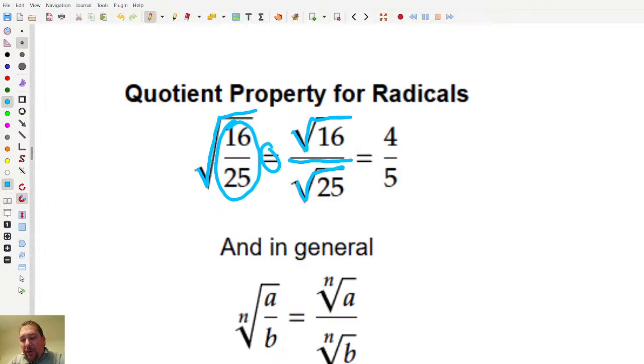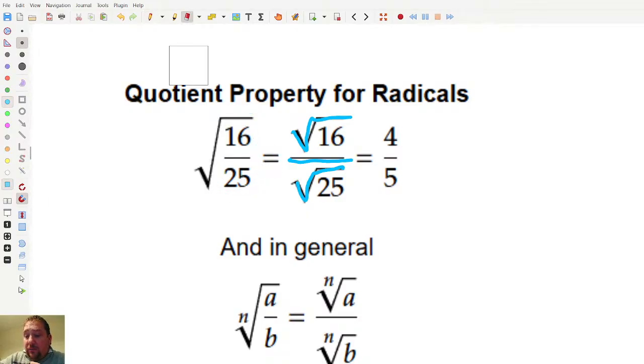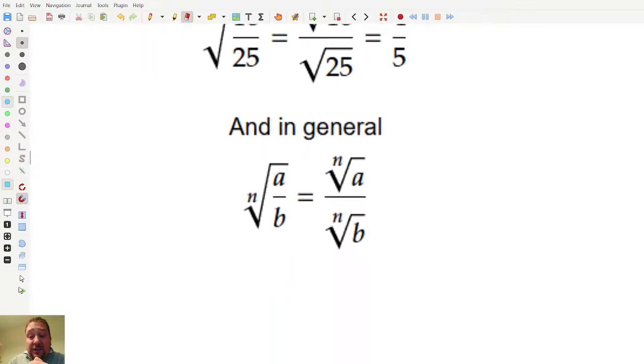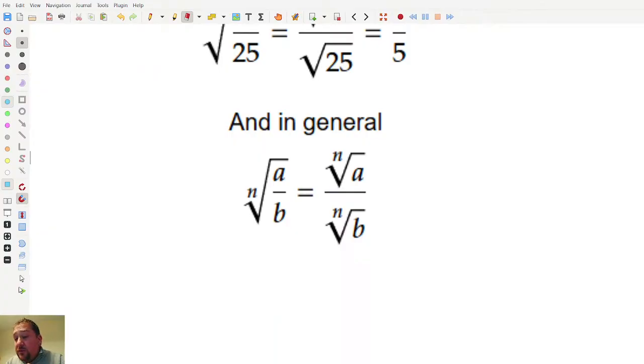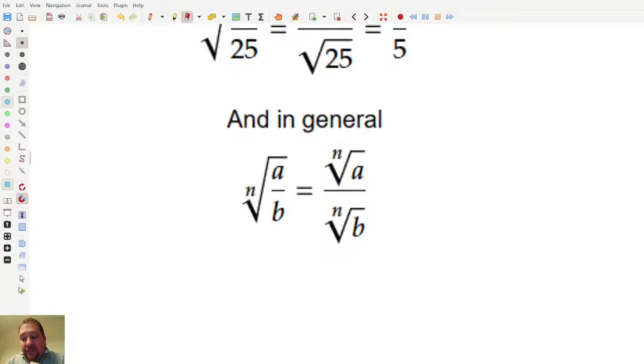Very wordy, but basically you can take a fraction that's inside of a square root and take the square root of the top part over the square root of the bottom part, and it works out every single time. And in general, that's not just true for square roots, but for cube roots, fourth roots, and for any root. If you have a fraction inside of a root, you can take the root of the top and divide it by the root of the bottom. That's what this rule says.